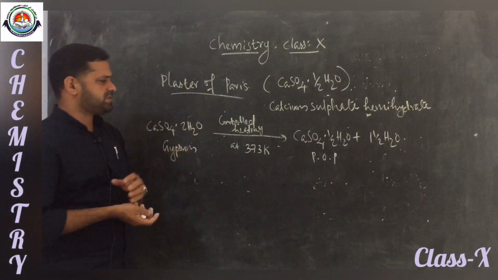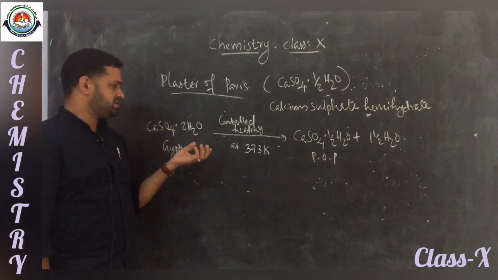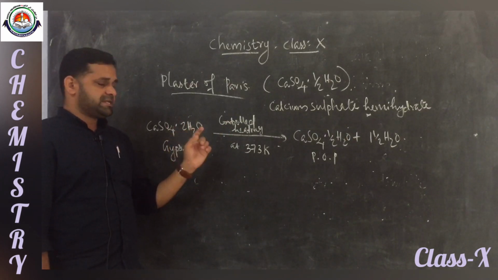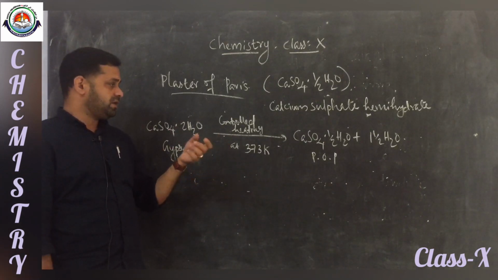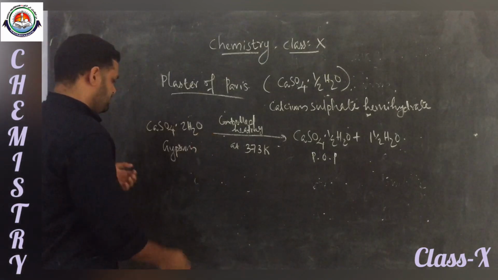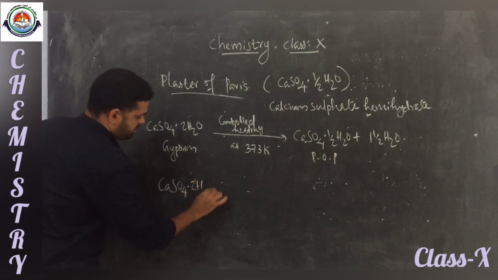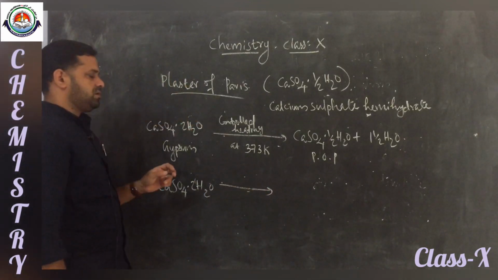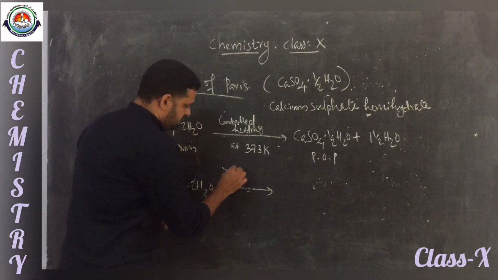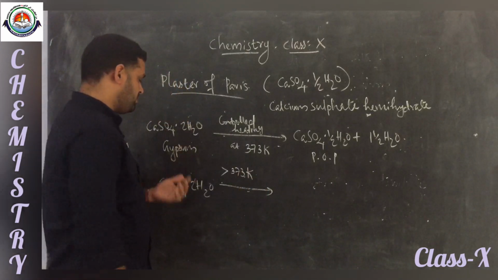In the preparation of plaster of Paris, there should be controlled heating. But when the temperature goes beyond 373 Kelvin, that is, CaSO4 2H2O heated without control, or at greater than 373 Kelvin, what happens?